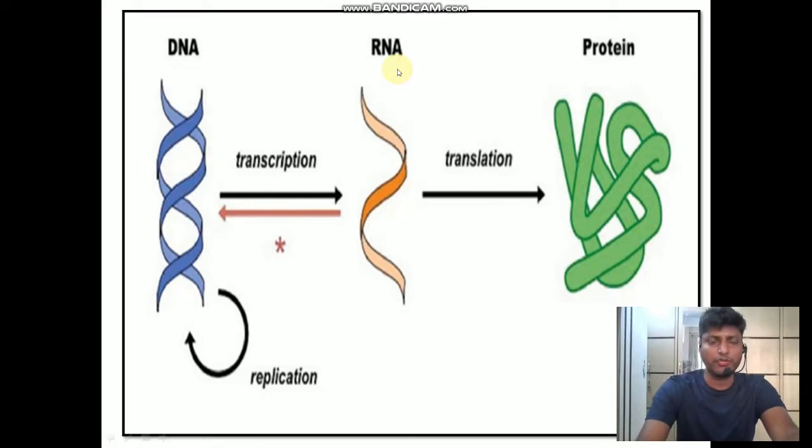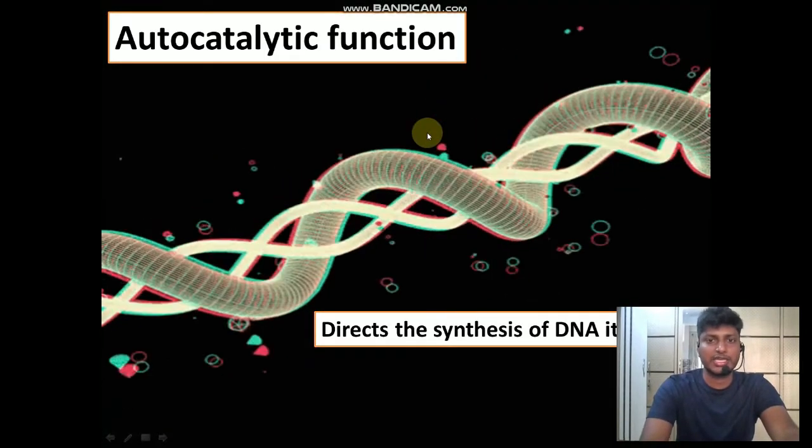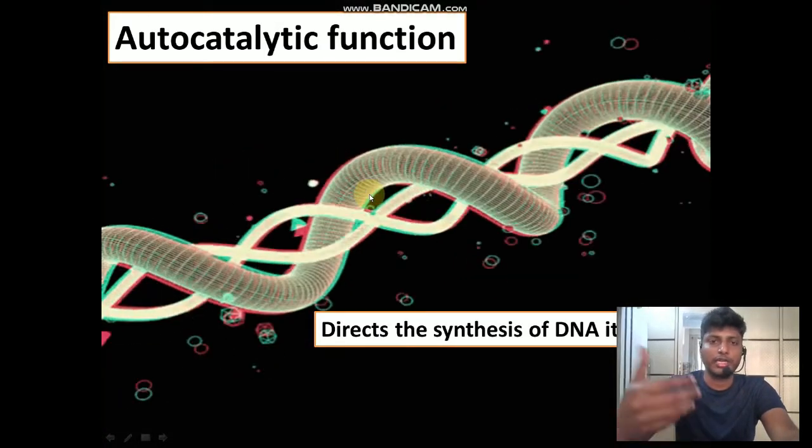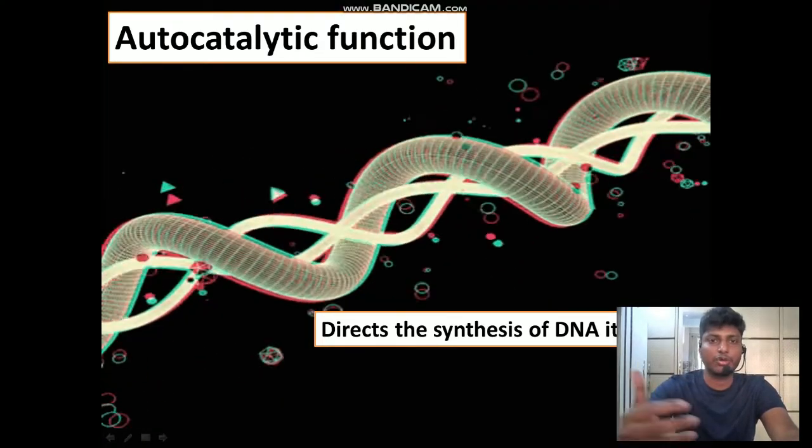Whereas if you talk about DNA forming DNA on its own, like from DNA only its own formation occurs, the new DNA is formed from the parent DNA, and this is by the process called DNA replication, and that's what we are going to understand today. So here replication will be considered as an autocatalytic function, dear students, right? As you can see in this picture, as I said, DNA can form its own copy, or you can say it can divide on its own.